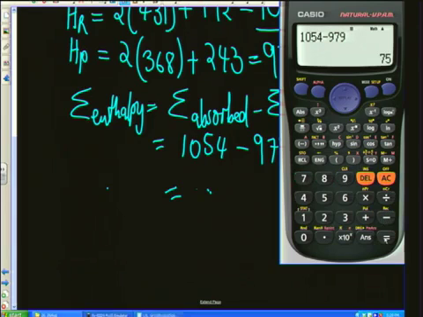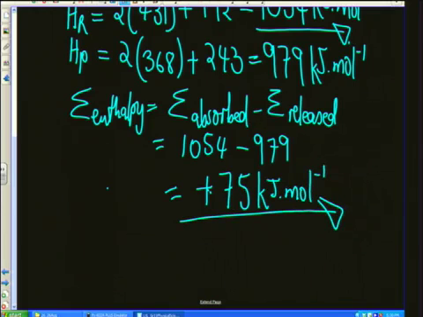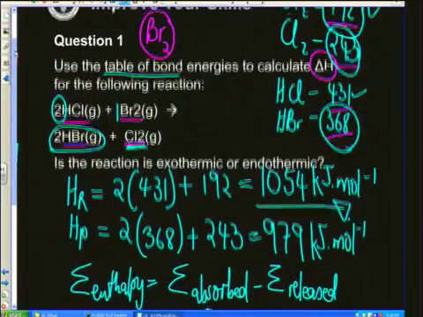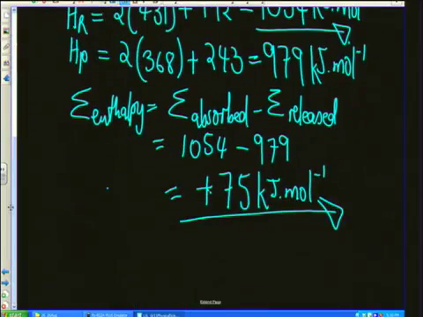It's 75, so you've got positive 75 kilojoules per mole. That is the difference between the energy absorbed and the energy released. If you go back to the question, it also wanted to know whether this reaction is exothermic or endothermic. From the change in energy, you can tell that the reaction is endothermic.